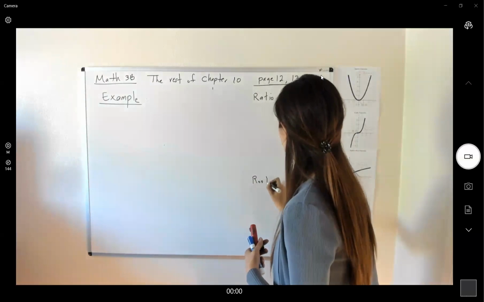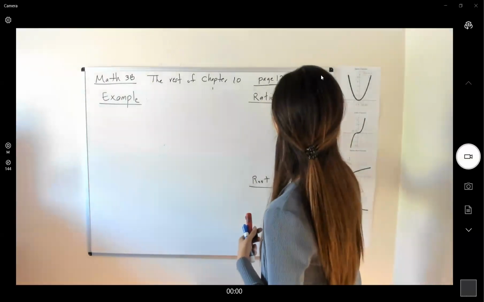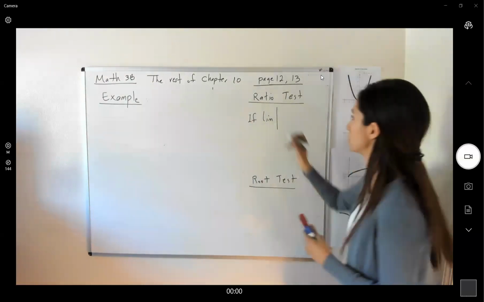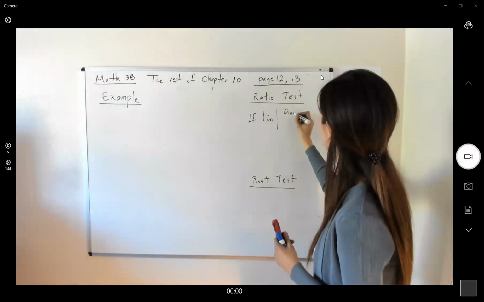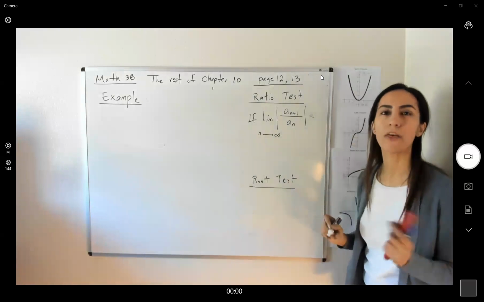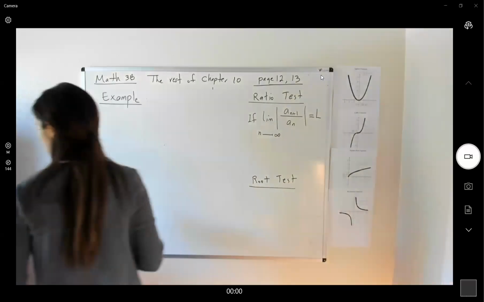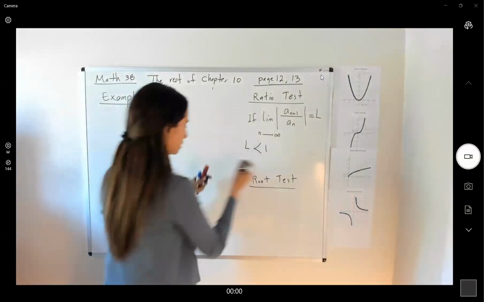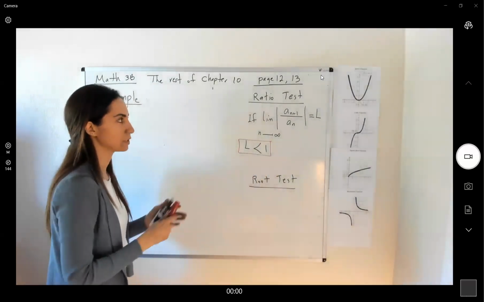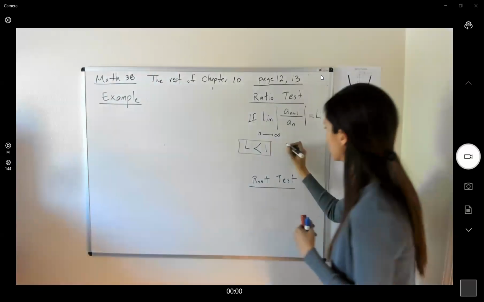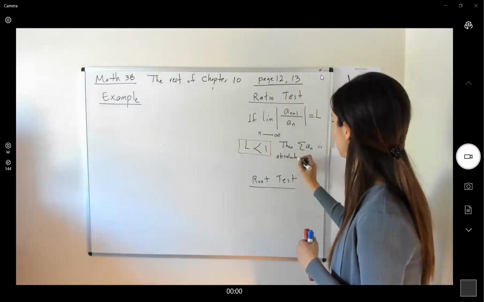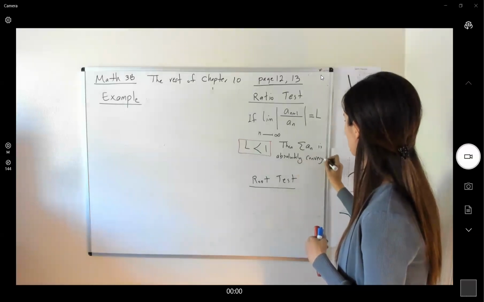If the limit of the absolute value of a_(n+1) over a_n, as n goes to infinity, is equal to a number L, and L is less than 1, then the sum of a_n is absolutely convergent.